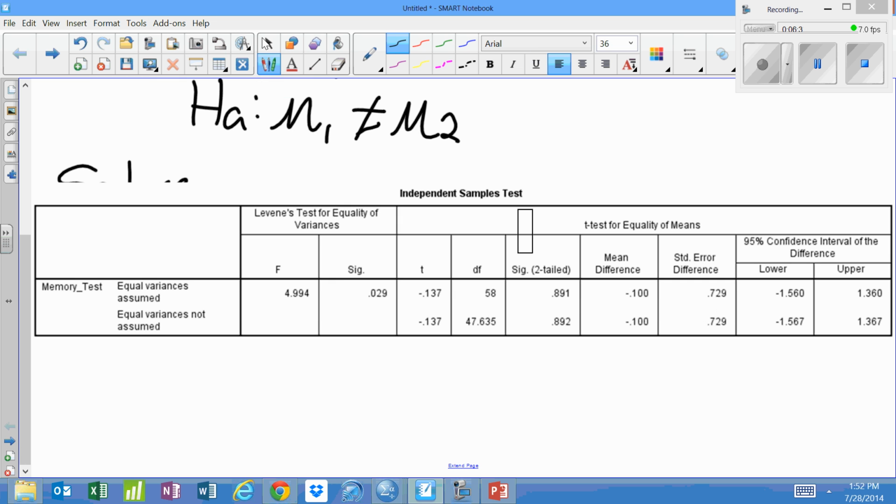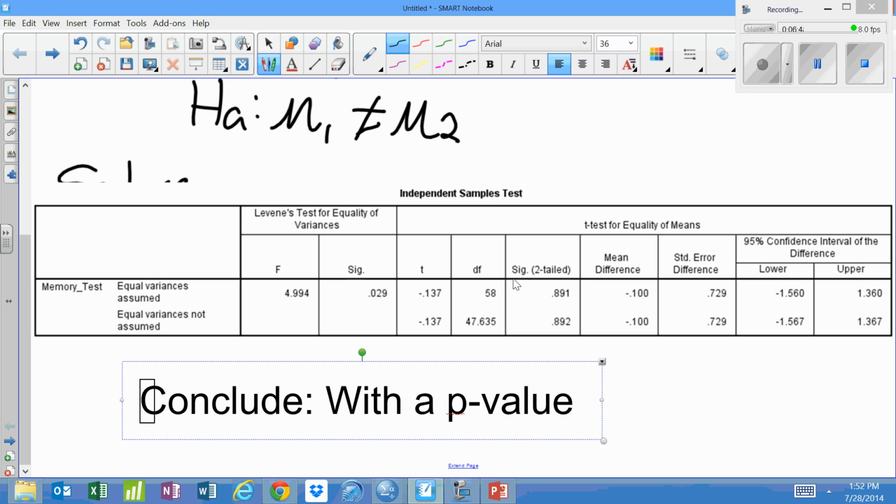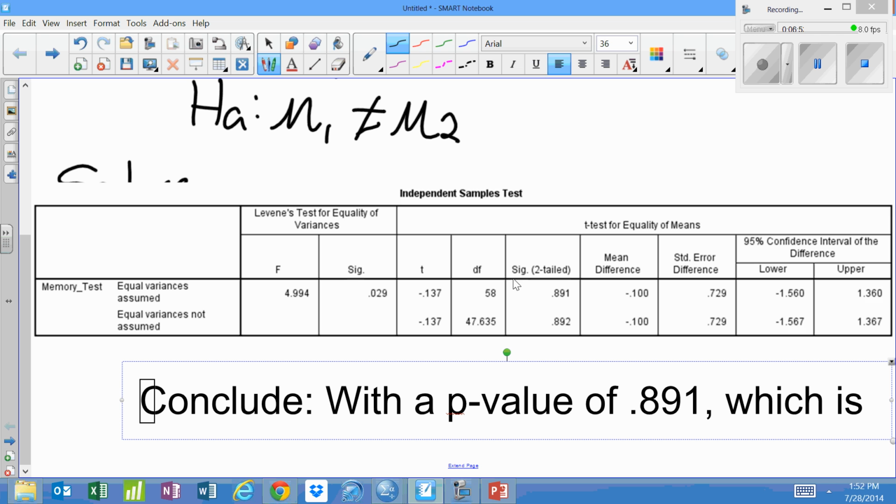Then, in conclusion, to conclude, with a p-value of 0.891, we always want to compare our p-value to 0.05, because as you recall, that's our alpha, since we only want our results to happen 5% of the time by chance or less.